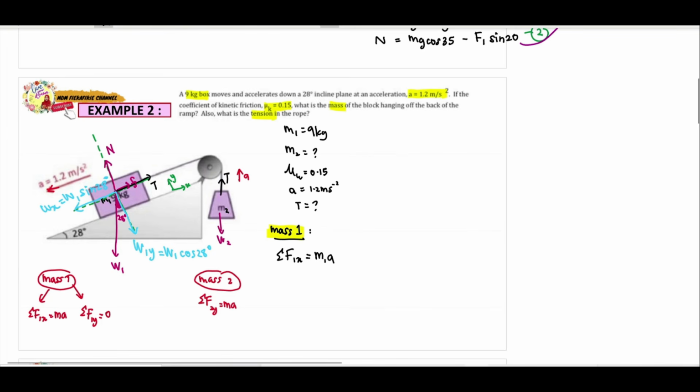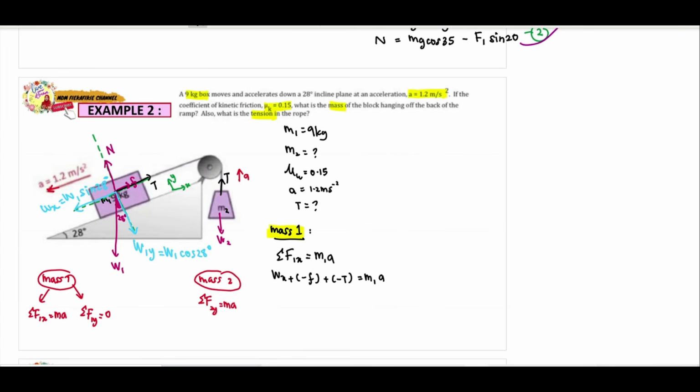Boleh? Okay. So, saya akan tulis positive WX plus negative friction plus negative T equal to M1A. Itu saja force yang ada in X component pada M1.